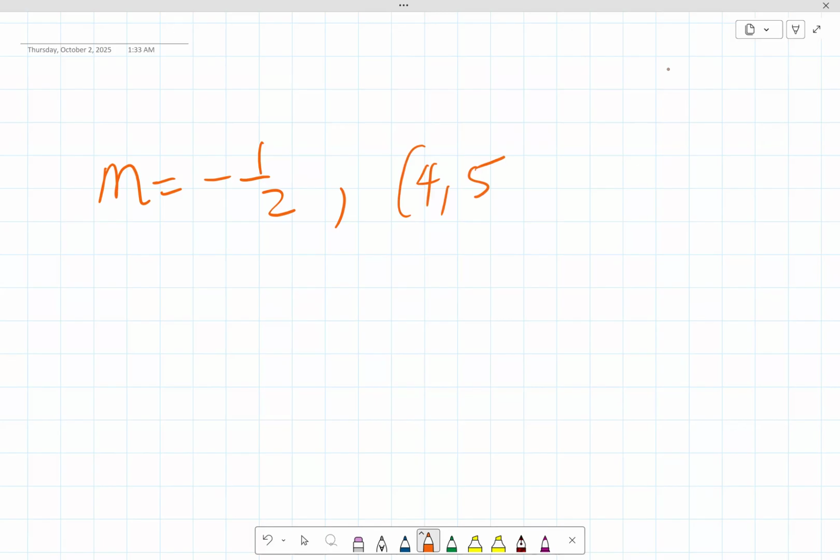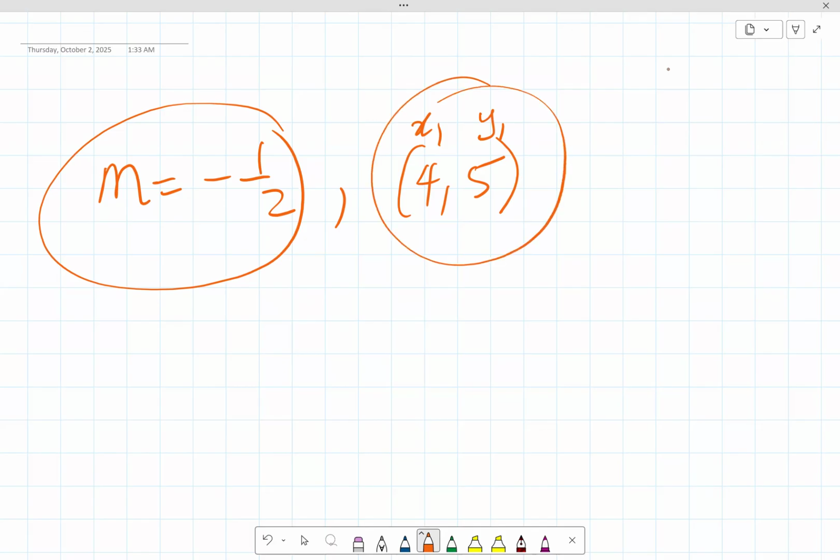Okay, good. So the question is, we need to find the equation of the line, right? So to find the equation of this line, you can call this x1, y1, and that's all we have. So the line has this slope and it passes through this point. And of course, from what we already know from the idea of slope, we know that slope is change in y all over change in x, right?